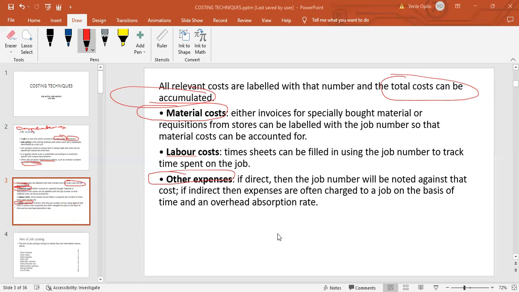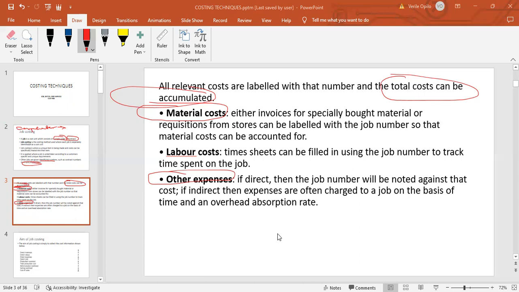And then if there are also some indirect expenses, and you can say that the company incurred them, and the only reason why we incur them is because we had to finish this job. So maybe we had to hire this machine, and because we had this machine, we had to pay an amount.